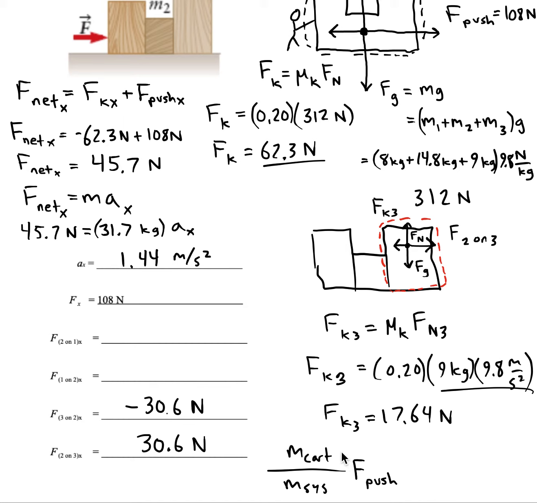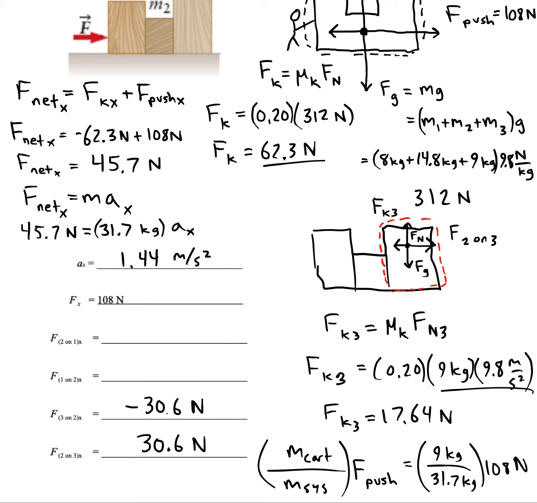So if you did that, you would get 9 kilograms divided by the total 31.7 and then multiply by 108. You still get 30.6 newtons, so it's a fraction of the original applied force. But notice we do have a smaller acceleration, so that's the change that we really see when we incorporate the friction.